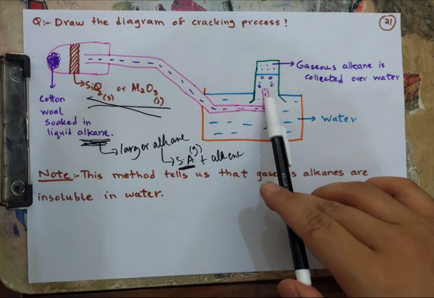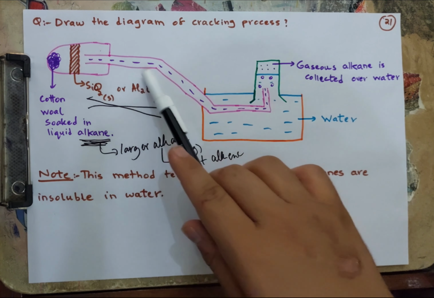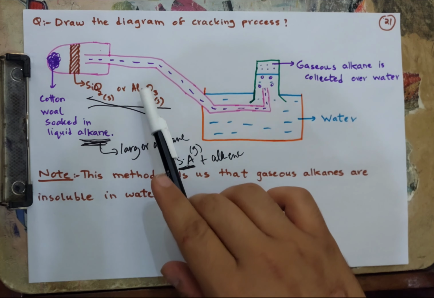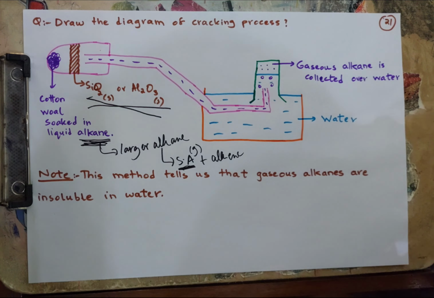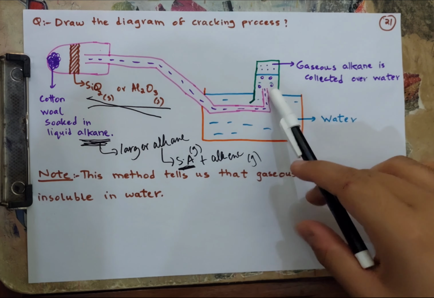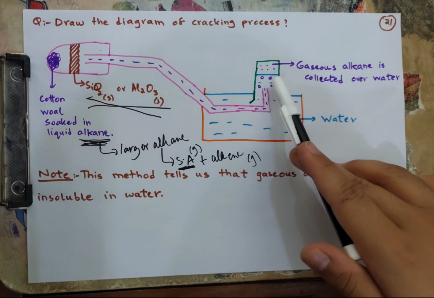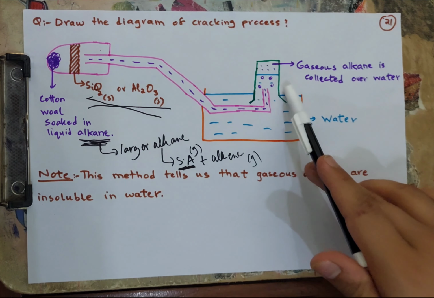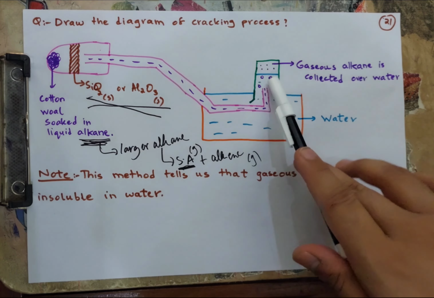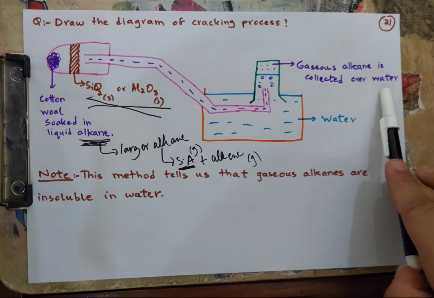When a smaller alkane is formed after its reaction with SiO2 or Al2O3, since it is in a gaseous state and the alkene is also gaseous, they will not dissolve in water. They will go up into this empty free space and be collected over the water.